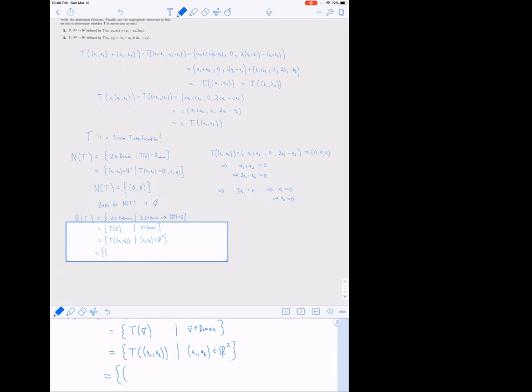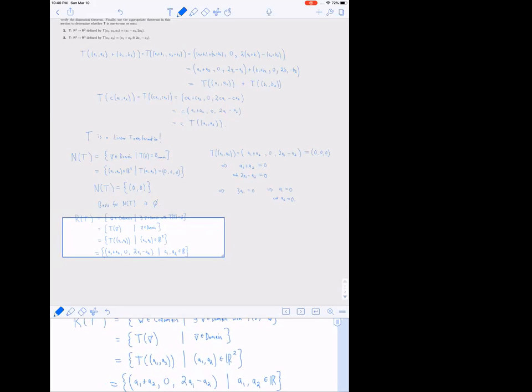That's the set of all three vectors of the form A1 plus A2, 0, 2A1 minus A2, where A1 and A2 are allowed to be really any pair of real numbers, or in other words, A1, A2 is allowed to be any vector from R2. So that is the range here.